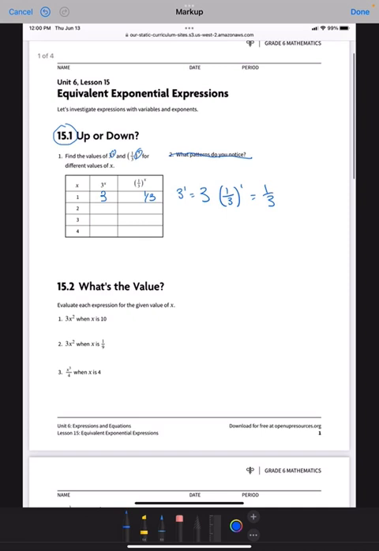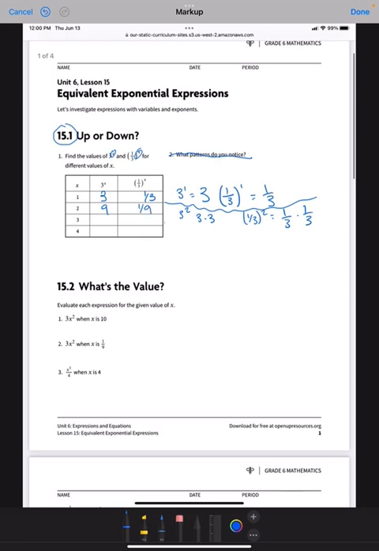All right, welcome back. You should have had 3 to the second power and 1/3 to the second power, meaning 1/3 times 1/3, and 3 times 3. So this would have been 9, and this would have been 1/9.